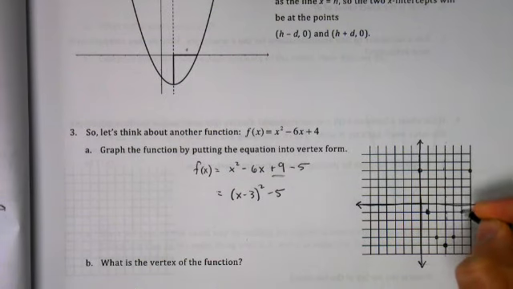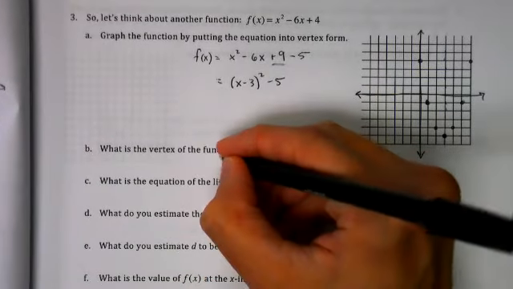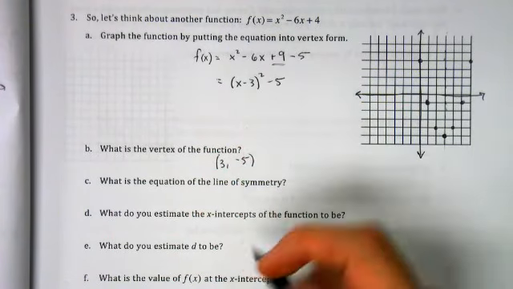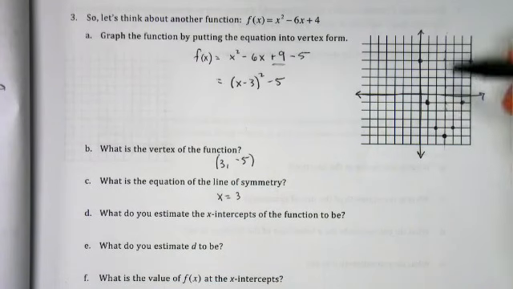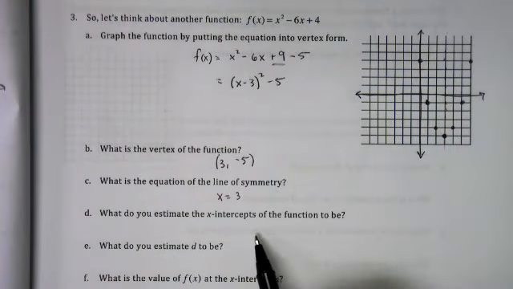Okay, what is the vertex of the function, it asks? Well, the vertex is (3, negative 5). And the equation of the line of symmetry was x equals 3. What do you estimate the x-intercepts of the function to be?